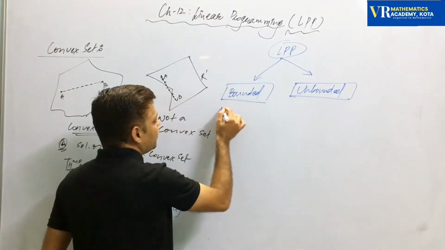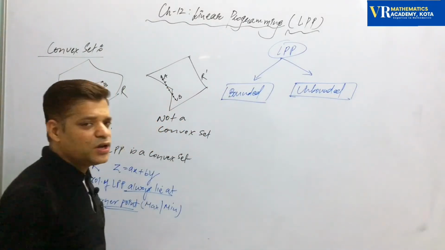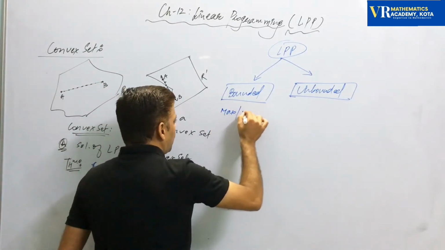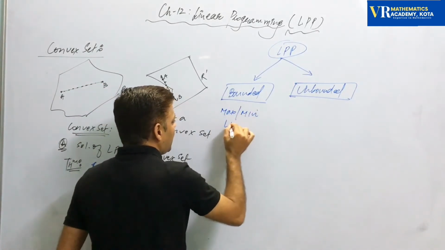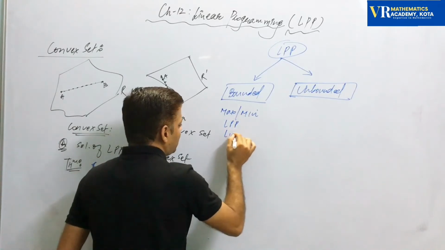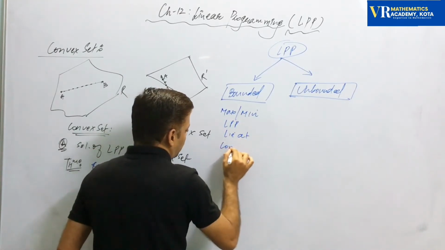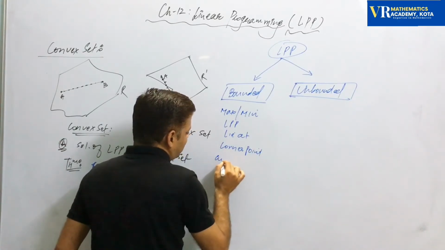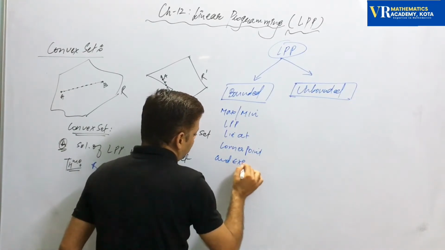In a bounded LPP, the maximum or minimum of the given LPP always lies at a corner point, and the solution always exists.